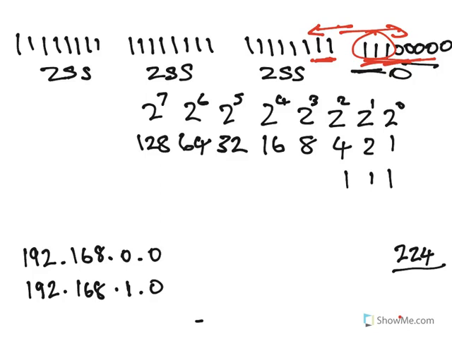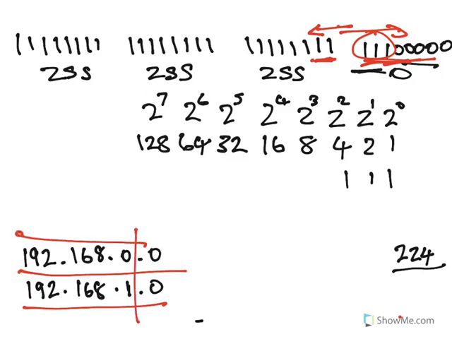Just as an example, I've got here 2 class C networks, 192.168.0.0 and 192.168.1.0. So the network portions of these addresses are 192.168.0 and 192.168.1. The last octet will represent your hosts.